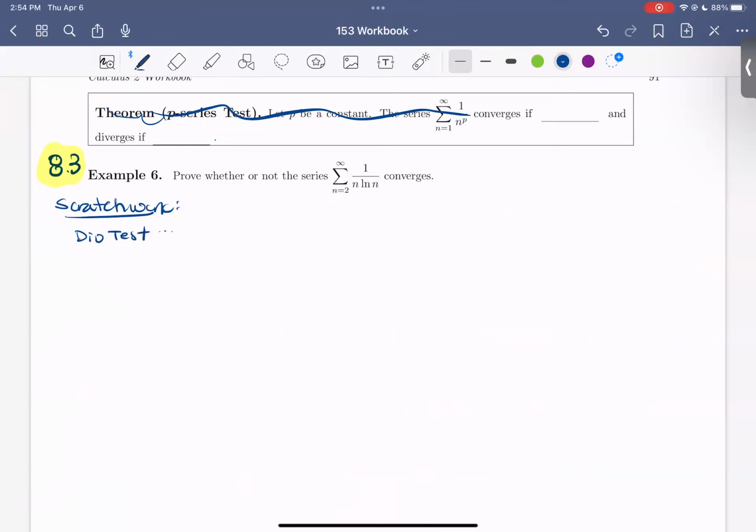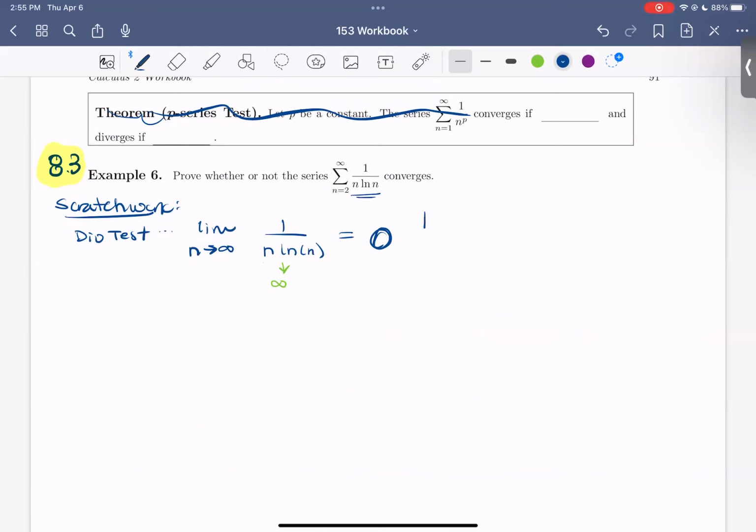So what does that mean? That means we need to look at the limit as n goes to infinity of the terms in our series, 1 over n ln of n. What happens there? The denominator, n times ln of n, goes to infinity. So the fraction itself, 1 over infinity, goes to 0. If those terms go to 0, then our series could converge or diverge.